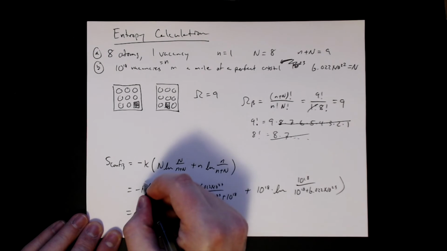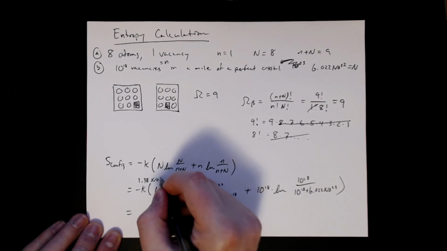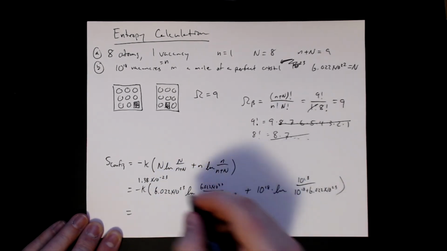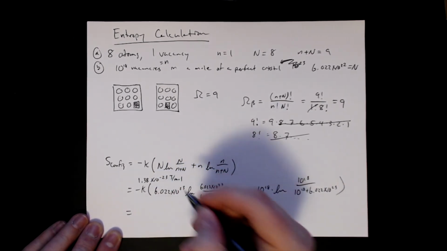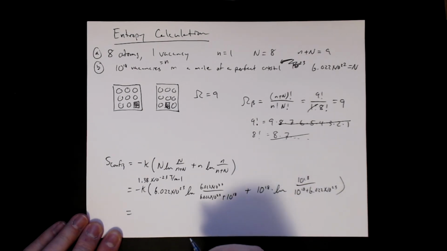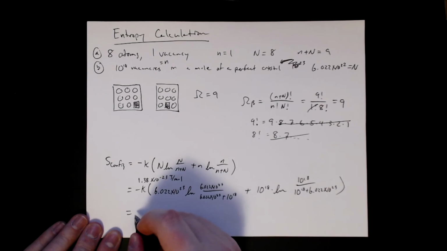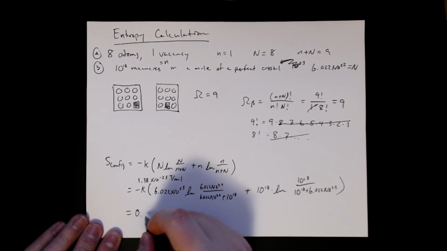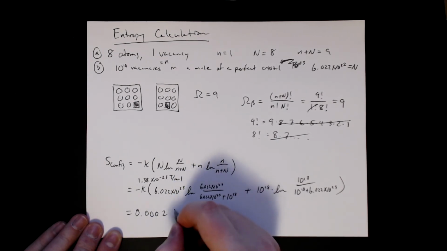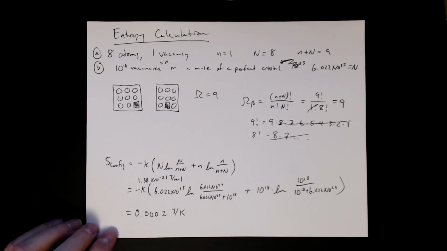And what we see is that when we plug this in, I forgot, sorry, k is 1.38 times 10 to the minus 23 joules per kelvin. So when we plug all this in, we see that this value is equal to 0.0002 joules per K, or Kelvin.